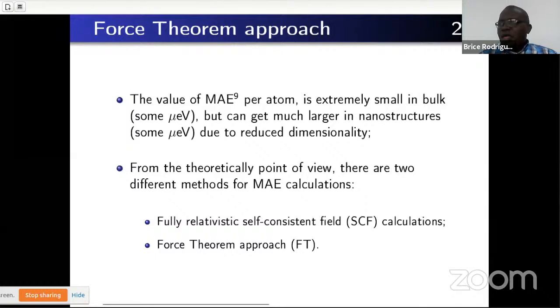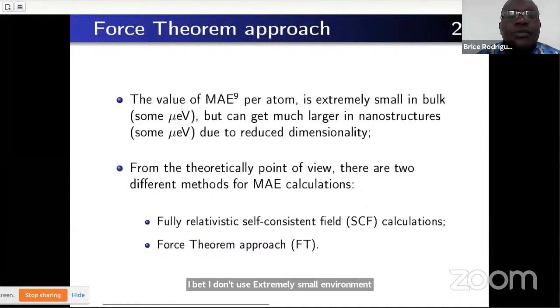The value of MAE per atom is extremely small in bulk, but can get much larger in nanostructures due to reduced dimensionality. From the theoretical point of view, there are two different methods for MAE calculation.